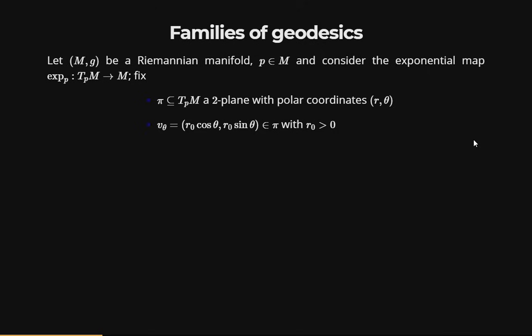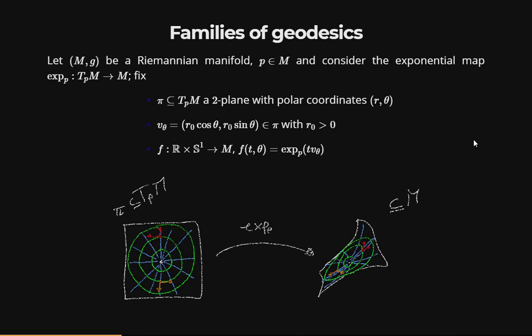We define the vector v_theta = (rho_0 cos theta, rho_0 sin theta), and we define the function f from R times S^1 to the manifold by f(t, theta) equals the exponential at p of t v_theta.